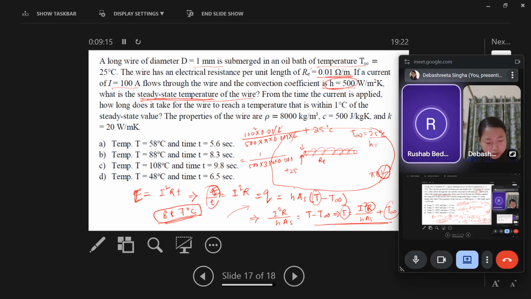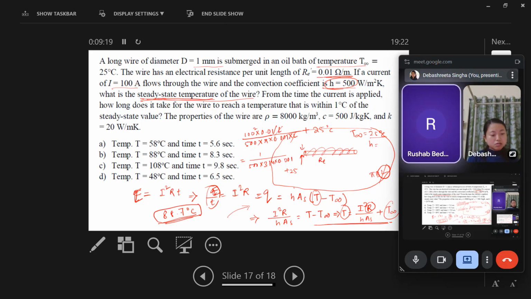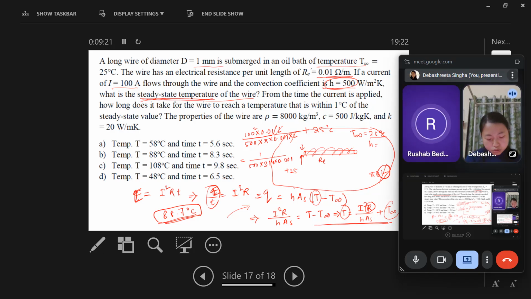So please check the calculations once again. This might be wrong also. I have not calculated it. You check this again once more. Then we'll just continue with the concept part. Okay, you calculate it later on.